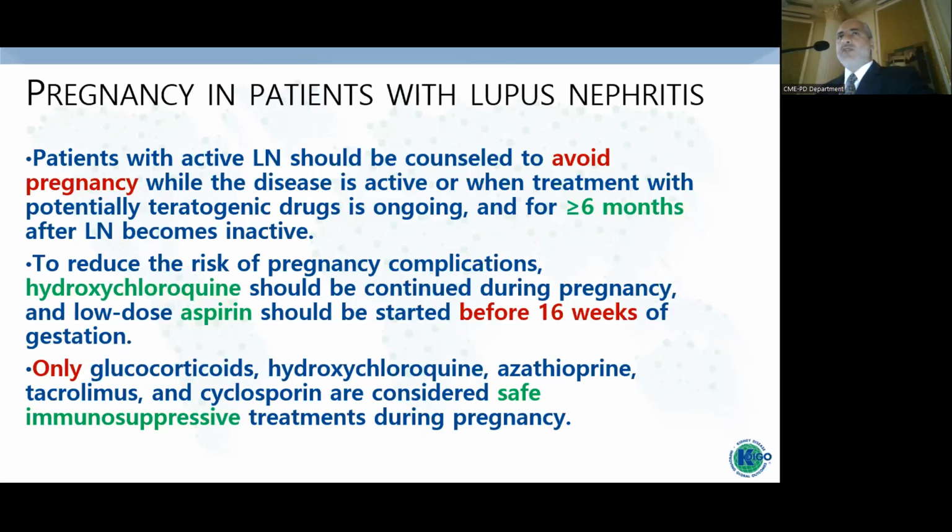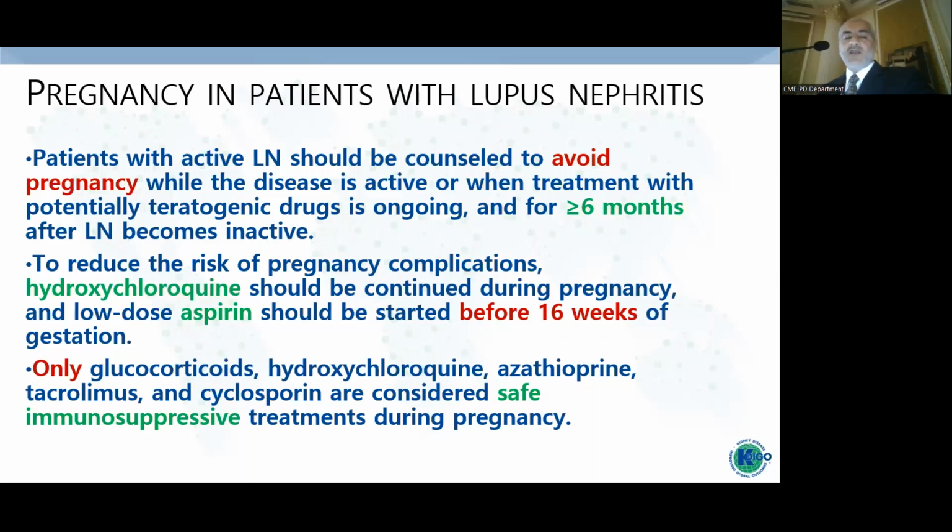Any female who is going to get pregnant or planning to get pregnant should be in an inactive state for at least 6 months. Otherwise, patients might have a flare-up of lupus again or will be exposed to the teratogenic effect of MPA.